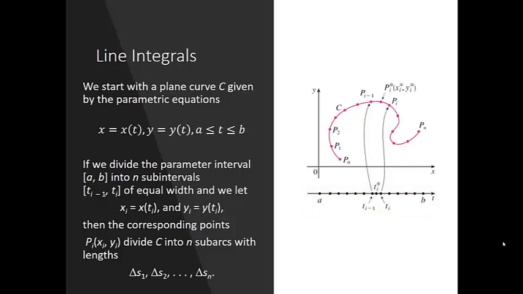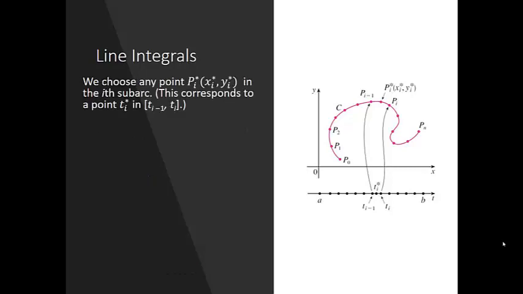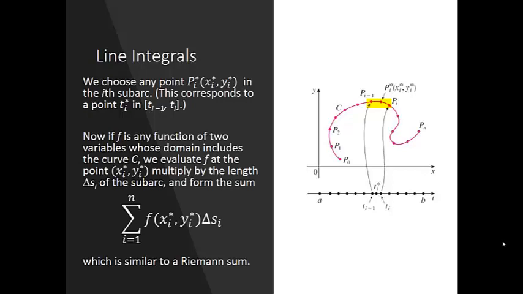And so then the corresponding points, x sub i, y sub i, are going to divide that curve C into n little sub-arcs, and the lengths of those little sub-arcs we're going to call delta s1, delta s2, and so on. And inside each one of these little sub-arcs, we're going to pick a sample point, p sub i star.